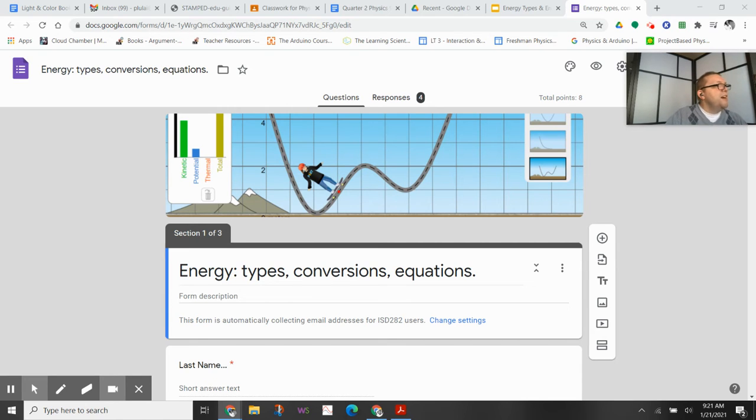So all objects would experience the gravitational field. This person is asking, would all objects have gravitational energy? That's a great question. They would all experience the gravitational field. They would all have a weight or a gravitational force acting on them, pulling them down. But remember the last thing, the height.